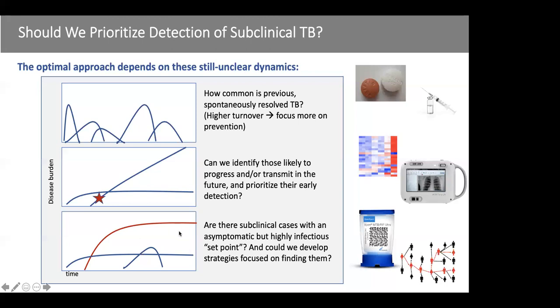And maybe we could focus our diagnostic efforts for case finding, for active case finding in particular, on trying to find the most infectious people, which would require maybe cheaper and easier, less sensitive approaches, but that could identify people who are most highly infectious. Similarly, contact investigation, identifying outbreaks and backward contact tracing might be another useful tool. But I think this understanding would change how we think about diagnostic development priorities.